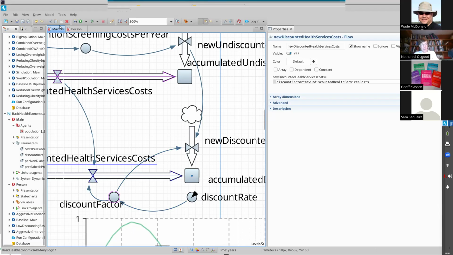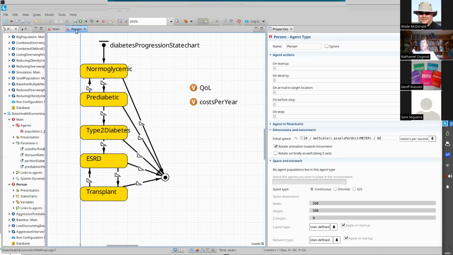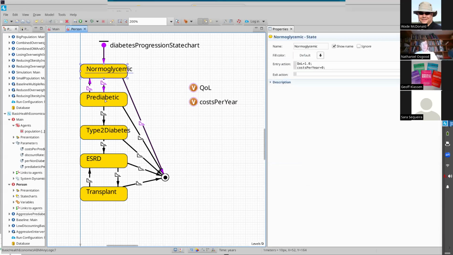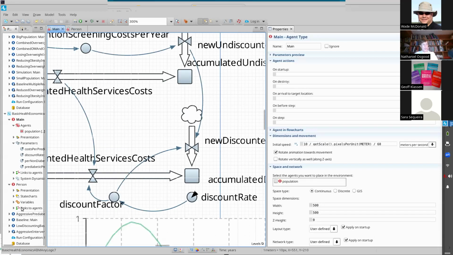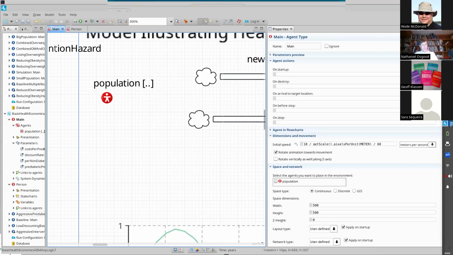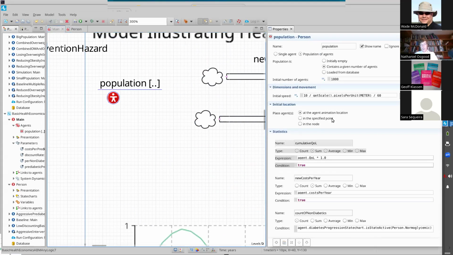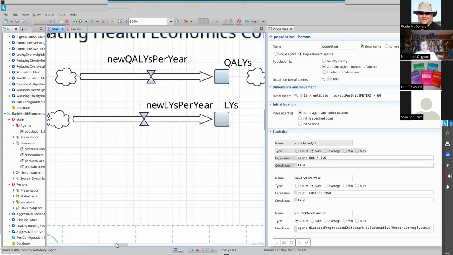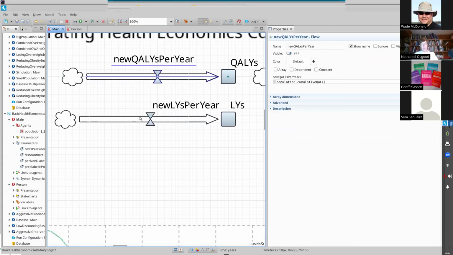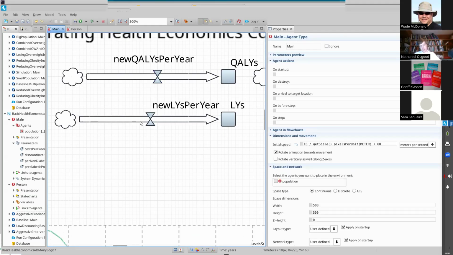Okay, so there you have it. From the person level, the person is having quality of life and costs for given states, right? I hope that you're getting a sense, as mediated by the statistics here, of how we can total those up across the population, and then how those can factor into these accumulations here associated with the flows.